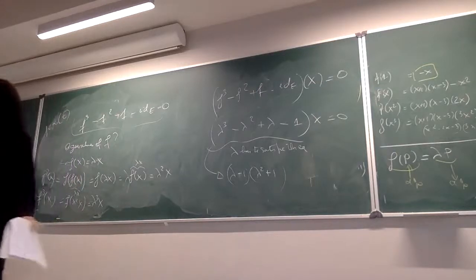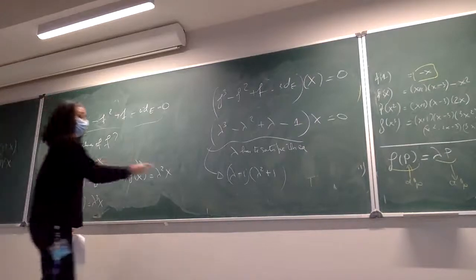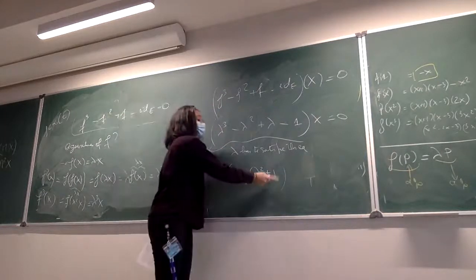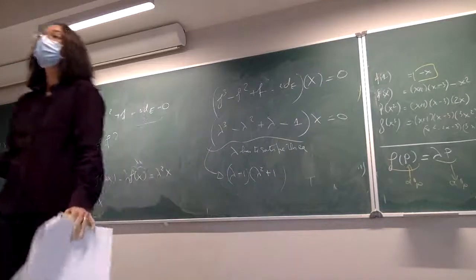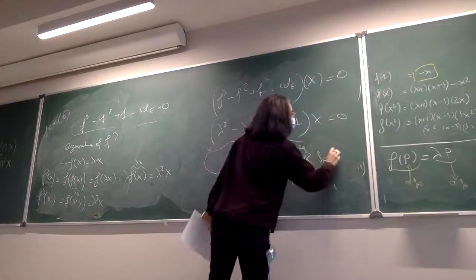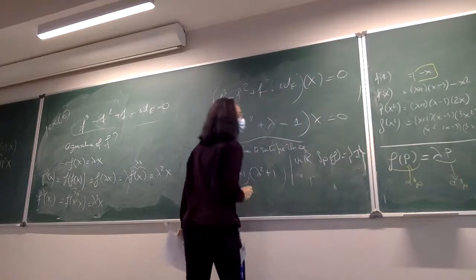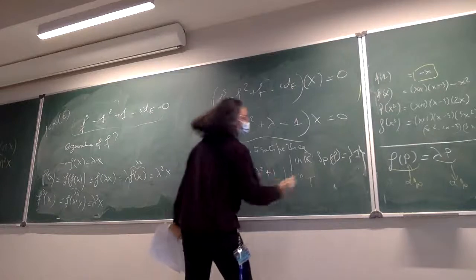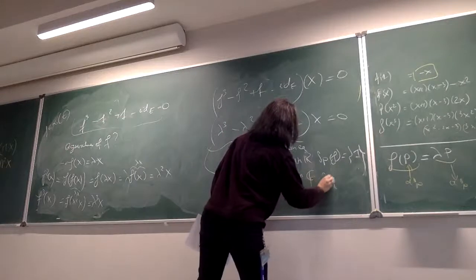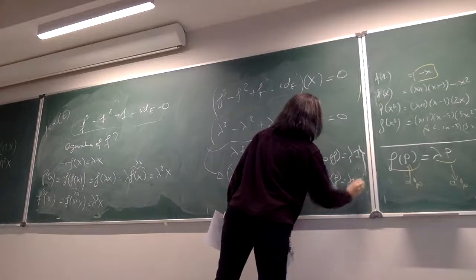So if we are in R, what are the eigenvalues? Just 1, because this has no real roots. If we are in C, we get the complex roots, i and negative i, of these ones. Okay, so in R, the spectrum of f is just going to be 1, and in C, if my space is a space of complex items, I'm acting on complex variables, the spectrum of f is going to be 1, i and minus i.